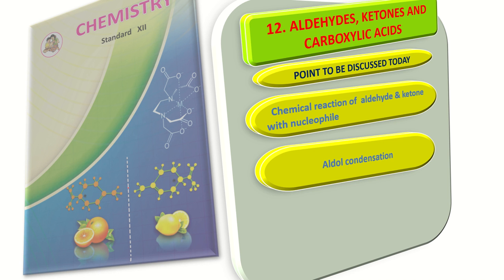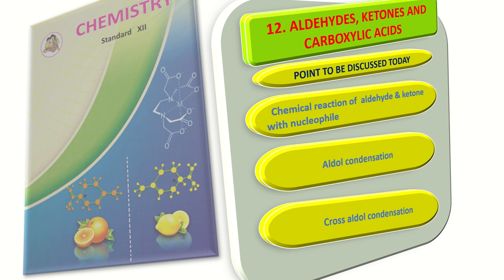The first reaction will be aldol condensation and the second reaction will be cross aldol condensation. Today we will discuss thoroughly aldol condensation and cross aldol condensation, which is the most important topic. So let's start. Here, aldol condensation.